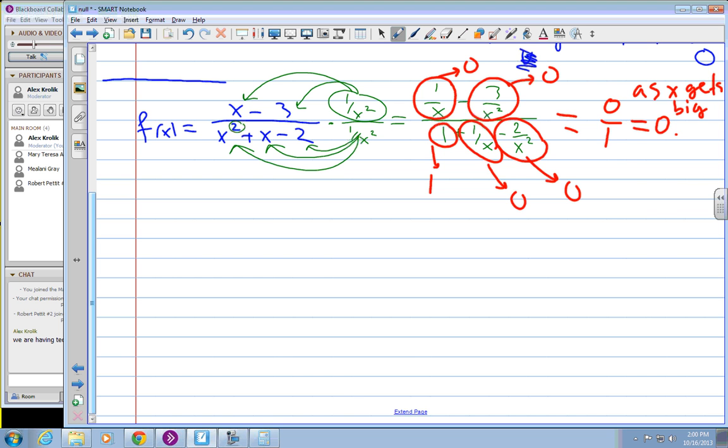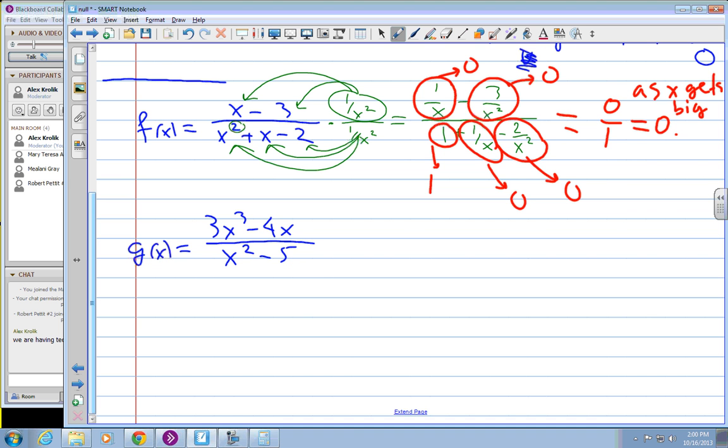Let's try another one. How about this? G of x equals 3x cubed minus 4x divided by x squared minus 5. Yeah, so the horizontal asymptote is 0, so it's just the x-axis.